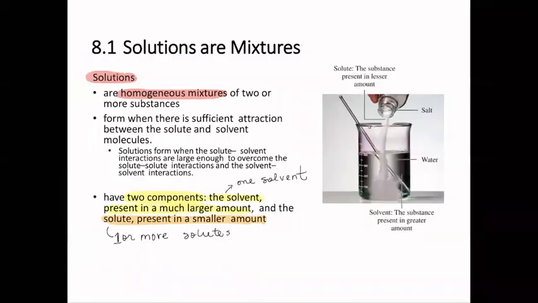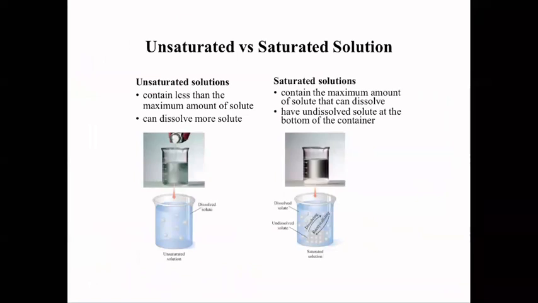Now, when it comes to the different types of solutions out there, we have unsaturated solutions and saturated solutions. So what is an unsaturated solution? An unsaturated solution contains less than the maximum amount of solute that can be dissolved in a particular amount of solvent. So what does that mean overall?